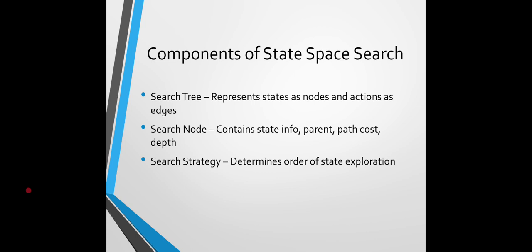Secondly, a search node is the data structure that stores all critical information about a visited state, including the actual state configuration, its parent node, the cost incurred so far, and its depth in the tree. Finally, the search strategy is the core algorithm itself. The strategy is the intelligence that decides which node to explore next, dramatically impacting the search efficiency.